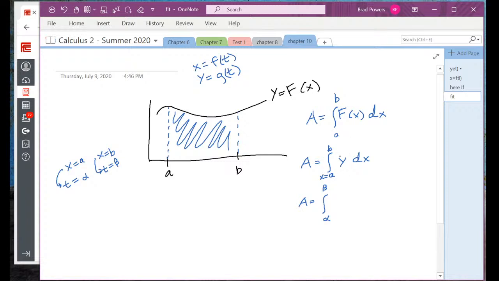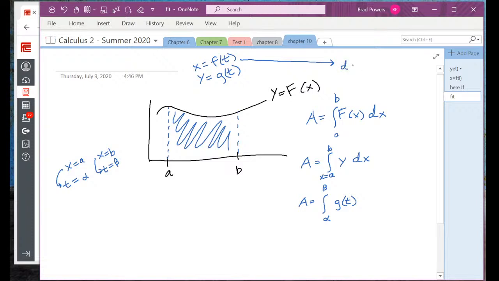What else? Well, y is actually g of t. Okay, so I'm going g of t. And dx, well, what's dx? Dx, well, what's dx is right here. Take your x equals f of t at the top here, and take the implicit derivative of both sides. What do you get?